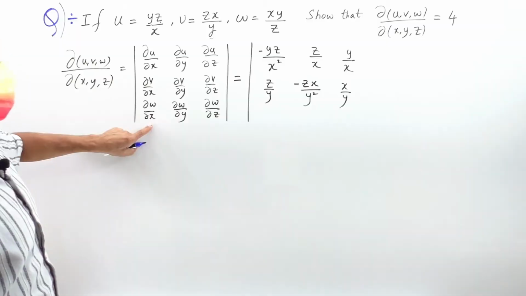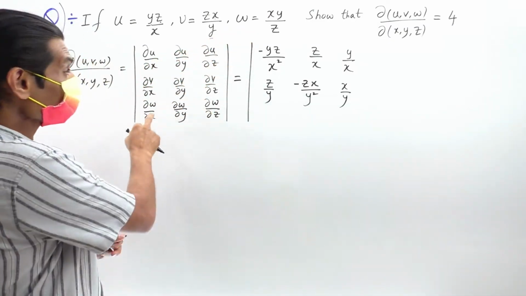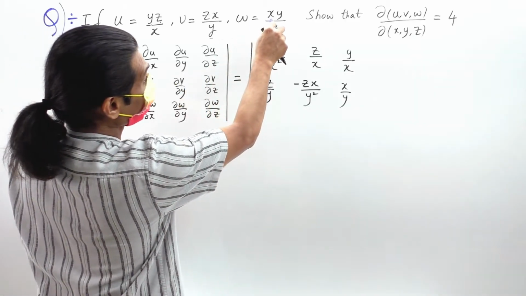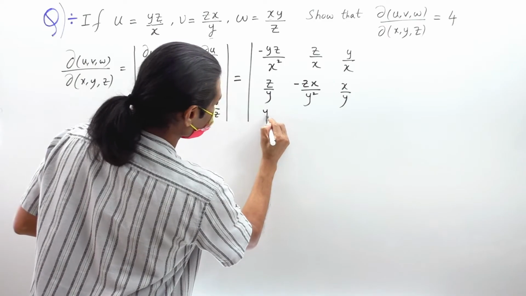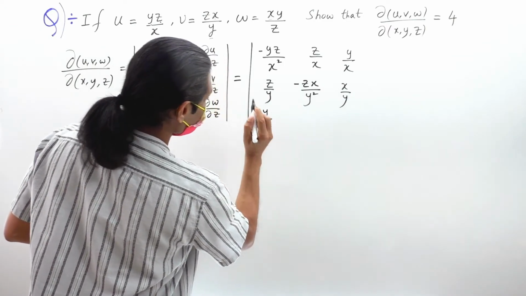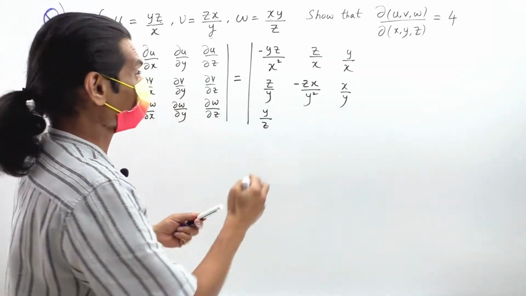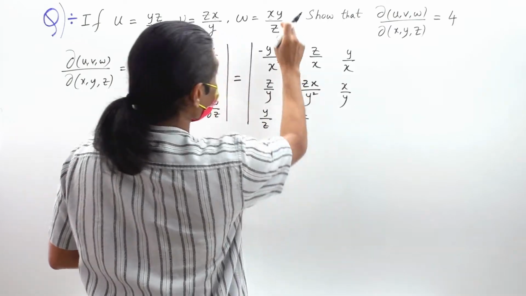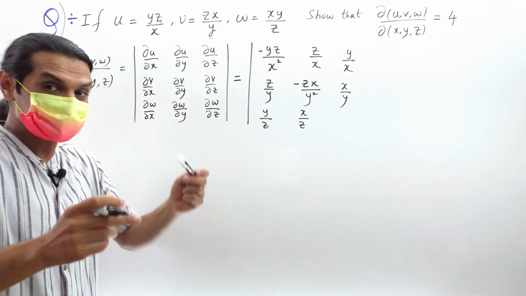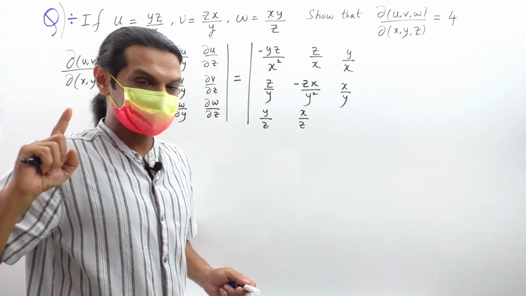Lastly, dou w by dou x, what is w? X y by z. Dou w by dou x means you are differentiating w with respect to only x. So x in the numerator, y by z as it is, differentiation of x is 1. Dou w by dou y. See, x by z as it is, y is in the numerator, differentiation of y is 1.